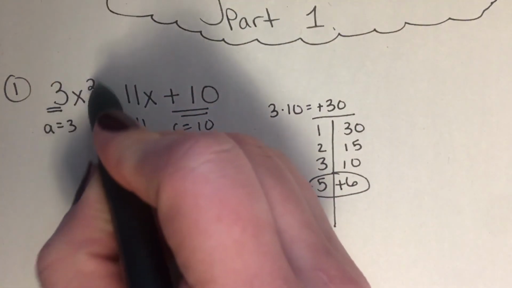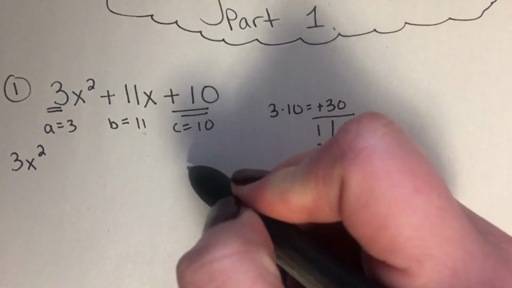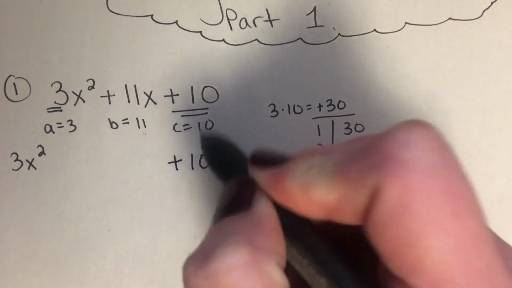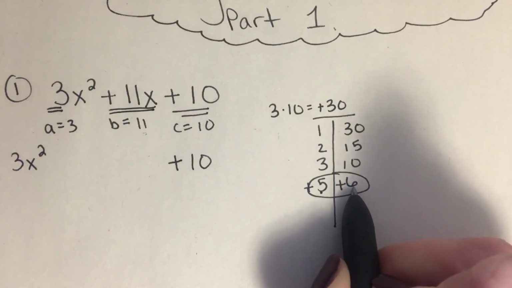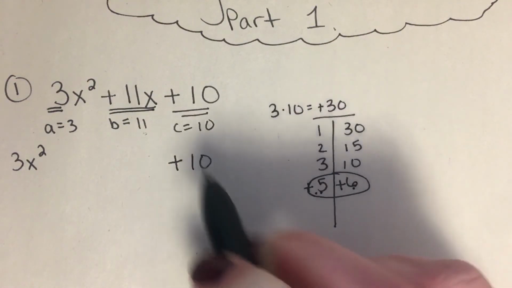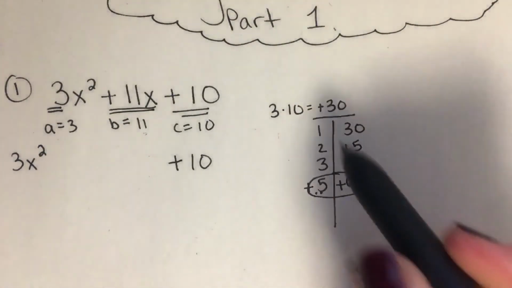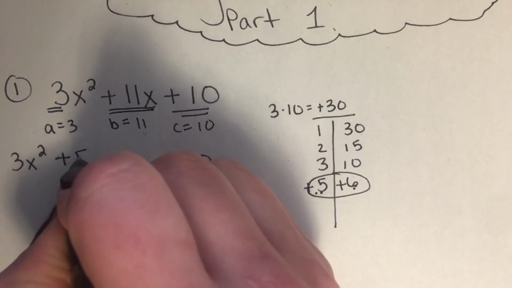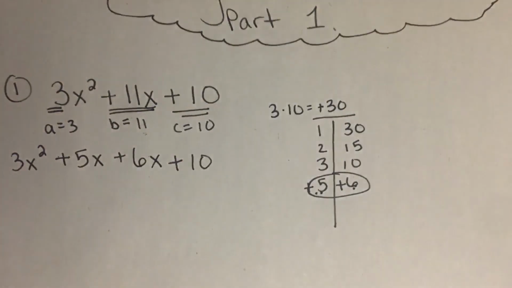So now we're going to keep this 3x squared in the front, keep the 10 at the back, and separate this 11x into 5x and 6x, because 5x plus 6x makes 11x. So it's kind of like we undid the combining like terms. So we wind up with plus 5x plus 6x plus the 10.